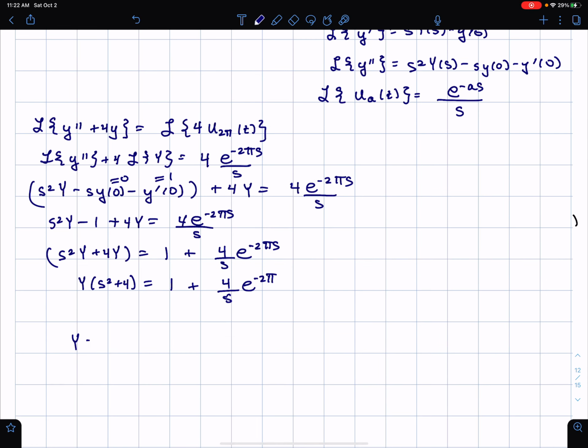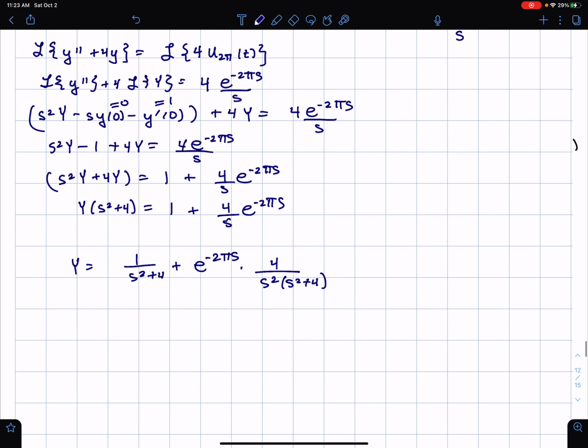So Y is equal to 1 over s squared plus 4, plus e to the negative 2 pi s times 4 over s(s squared plus 4). And then little y is equal to the Laplace inverse of 1 over s squared plus 4. The s squared plus 4 is s squared plus 2 squared.